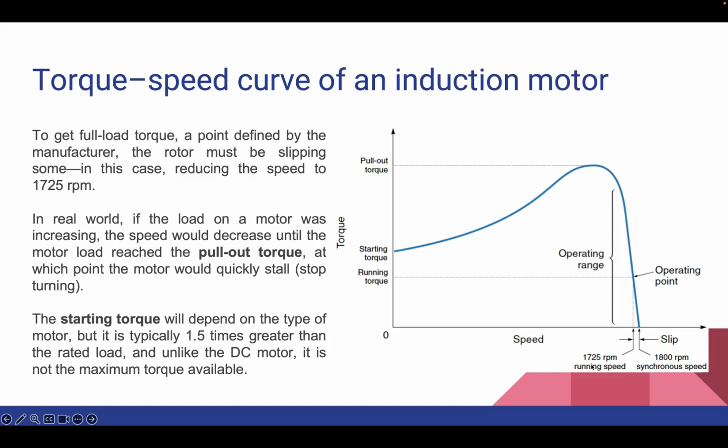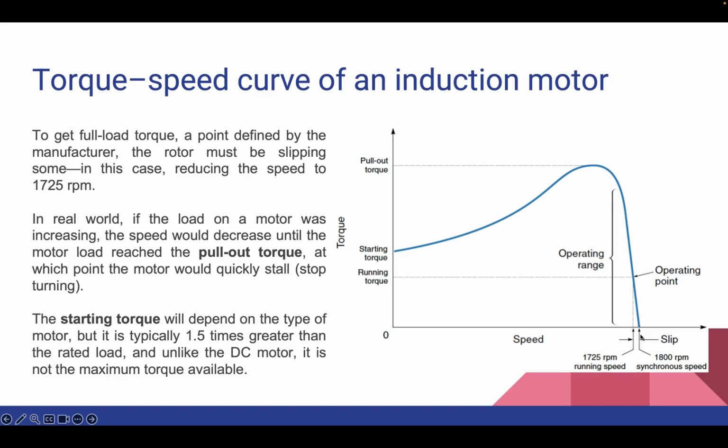These motors have good speed regulation in the operating range, that is, the speed changes little over a wide range of load torque demand. We can notice in this figure that the AC motor behaves somewhat like a DC motor in the operating range. That is, as the load increases, the speed decreases.